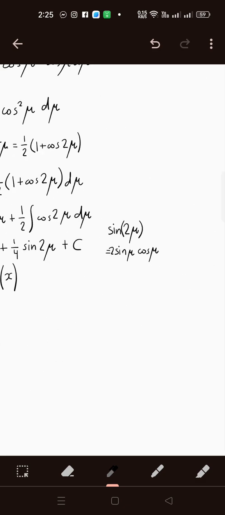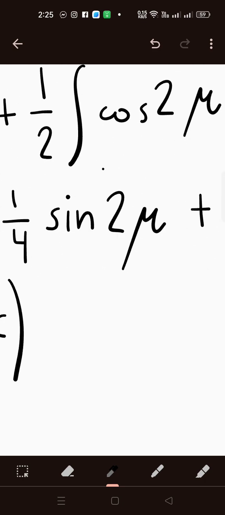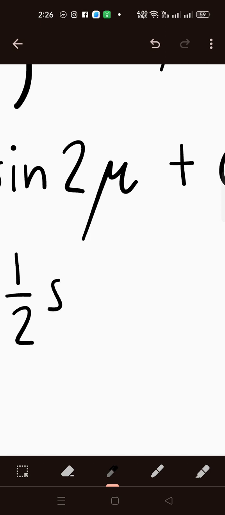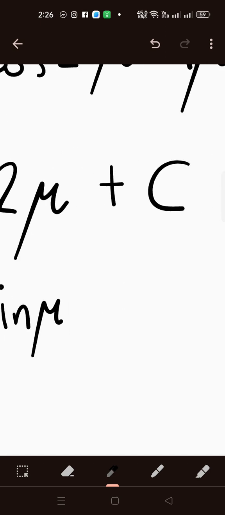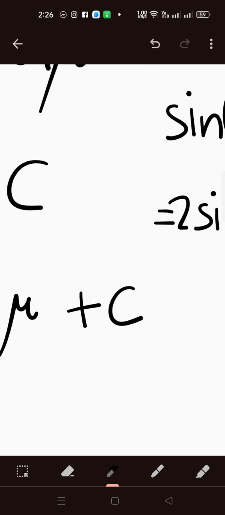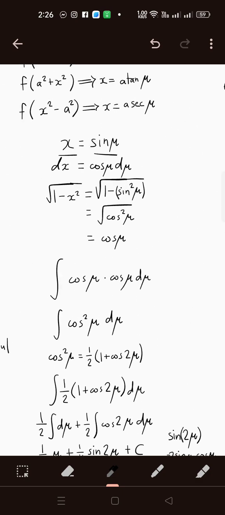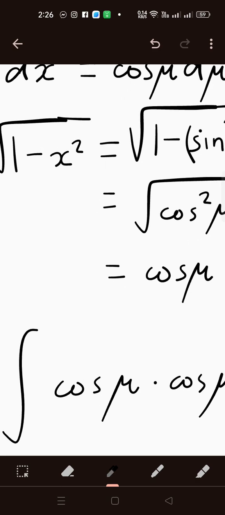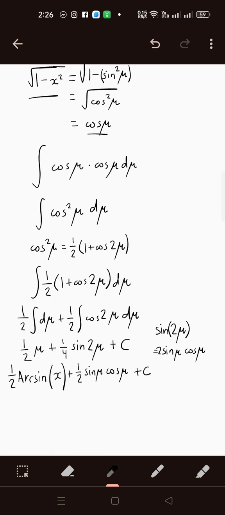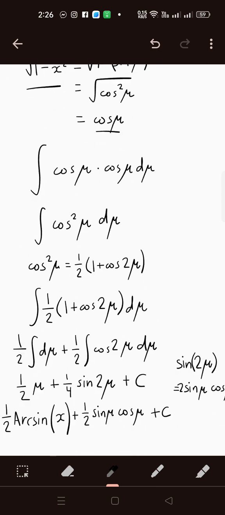So once I put this back, I'll be left with a 1/2 times sine mu cosine mu plus c. And we'll go back to our identities over here. So cosine mu here is the same as the square root of 1 minus x squared. And again, sine mu is equal to just x.